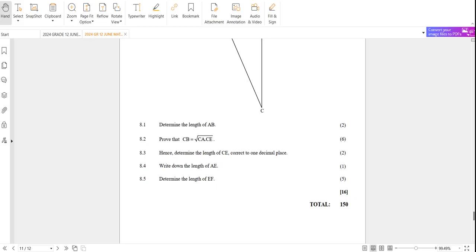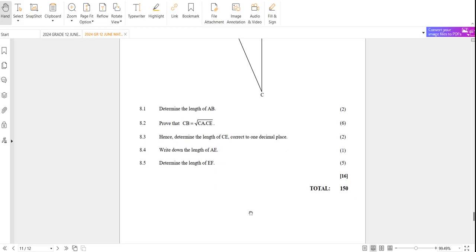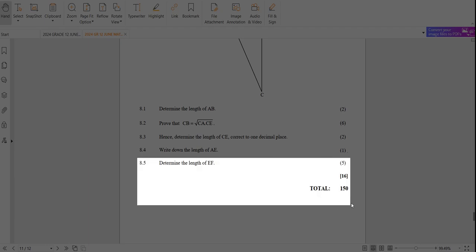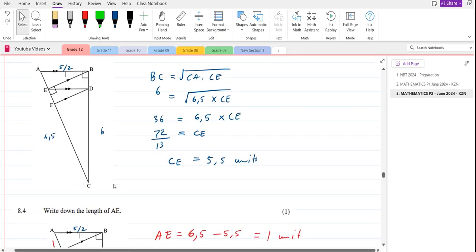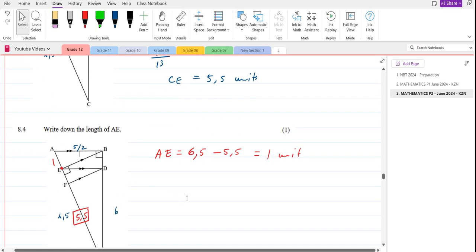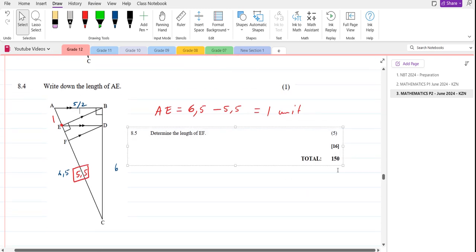Next problem. Determine the length of EF. 5 marks. Determine the length of EF. Let's just do it here whilst we have all that information. How can we find EF?